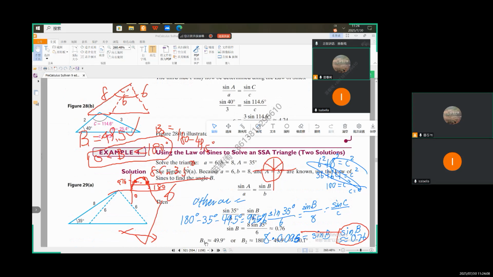He said B1 is 49.9, or just calculation. The other one is like 14.5 degrees. Yeah. Well, it's a little close, I guess. Just be careful with the calculations. The whole process is exactly the same.